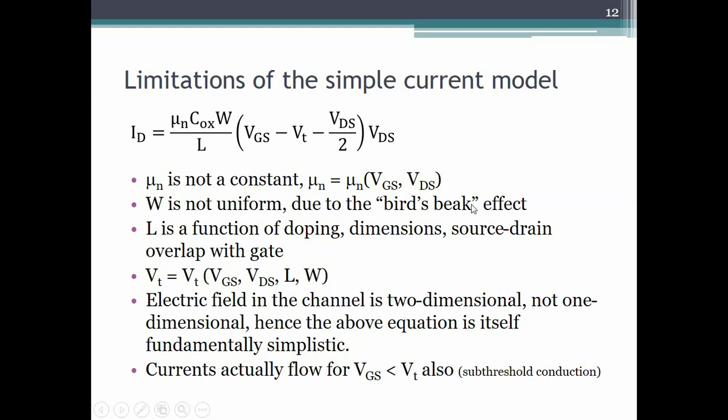We will not study this. Just know that there is something called the bird's beak effect, which makes W not actually W, but W plus some delta W. The channel length is a function of doping, it's a function of dimensions, it's a function of the source drain overlap with gate.